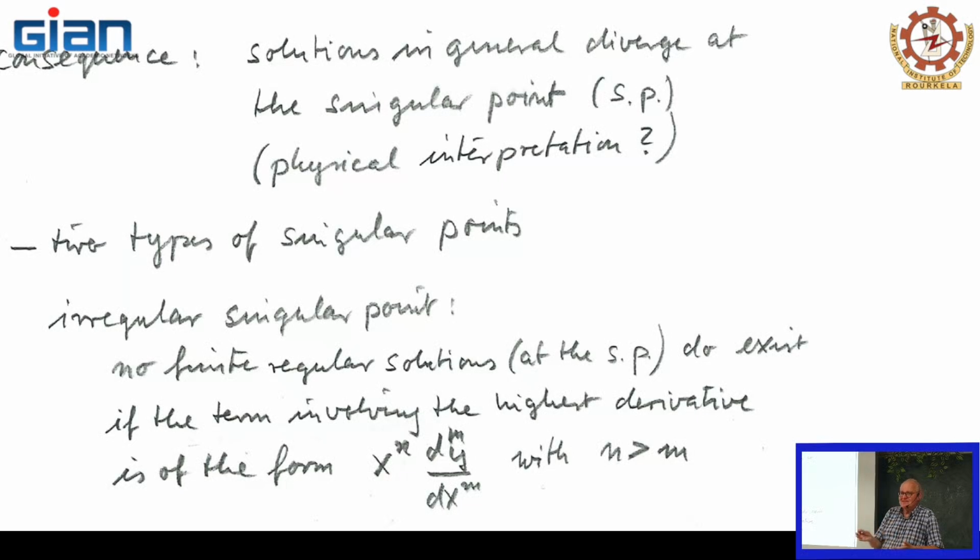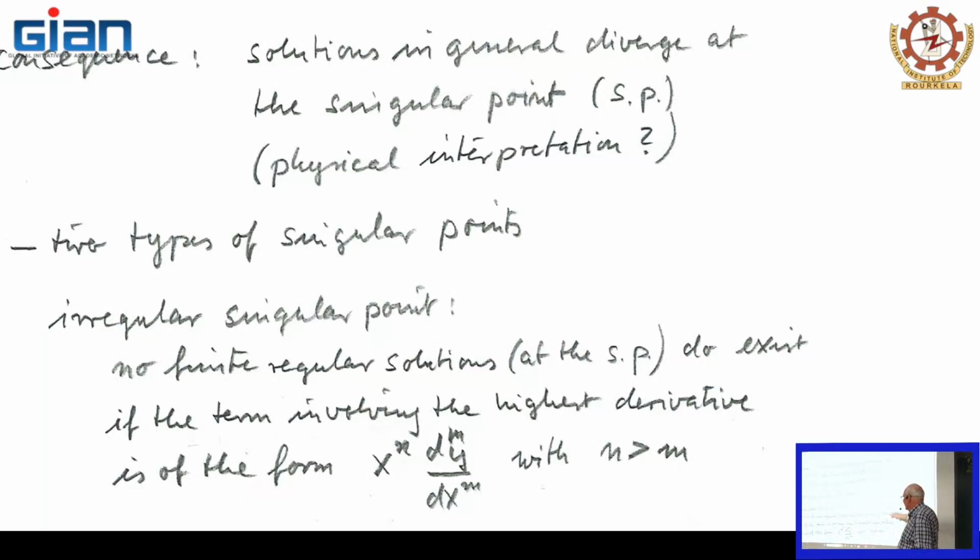Once we by mistake have a contribution of these irregular solutions, this will spoil our solution concerning the physics completely. Okay, you agree? For physical reasons, we always need regular solutions. And in those cases where we have a regular singular point, we have to select those regular solutions from the solution space and exclude the irregular possibilities.